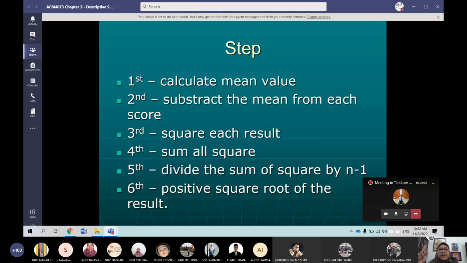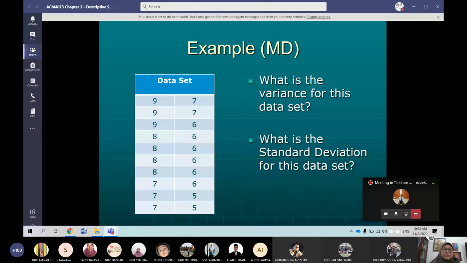First, you must calculate the mean value. How do you calculate the mean? You add all together and then divide into 20. I think we better calculate together. You have a calculator with you.